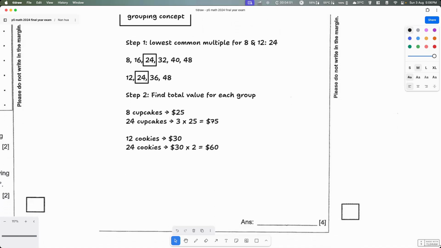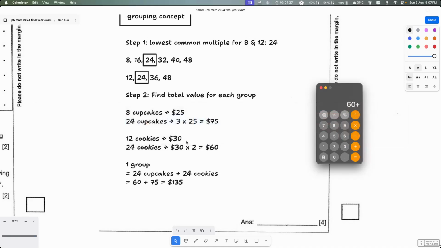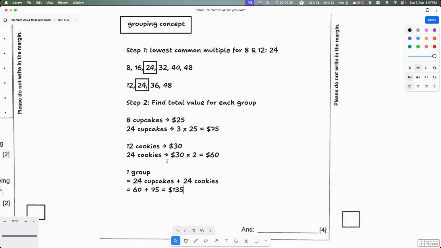So one group is equal to 24 cupcakes and 24 cookies, which is 60 plus 75, equal to $135. Use your calculator. So 60 plus 75 will be $135.